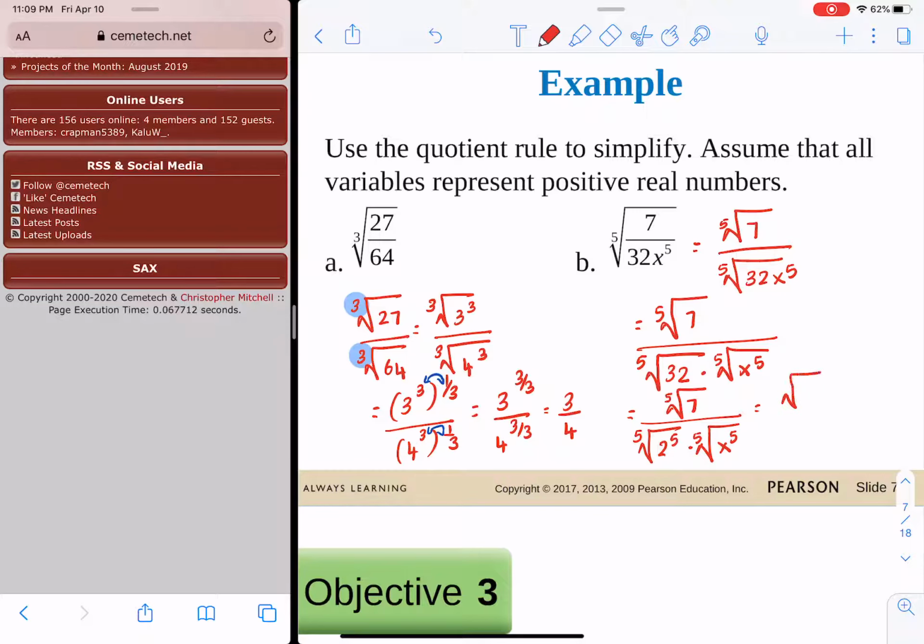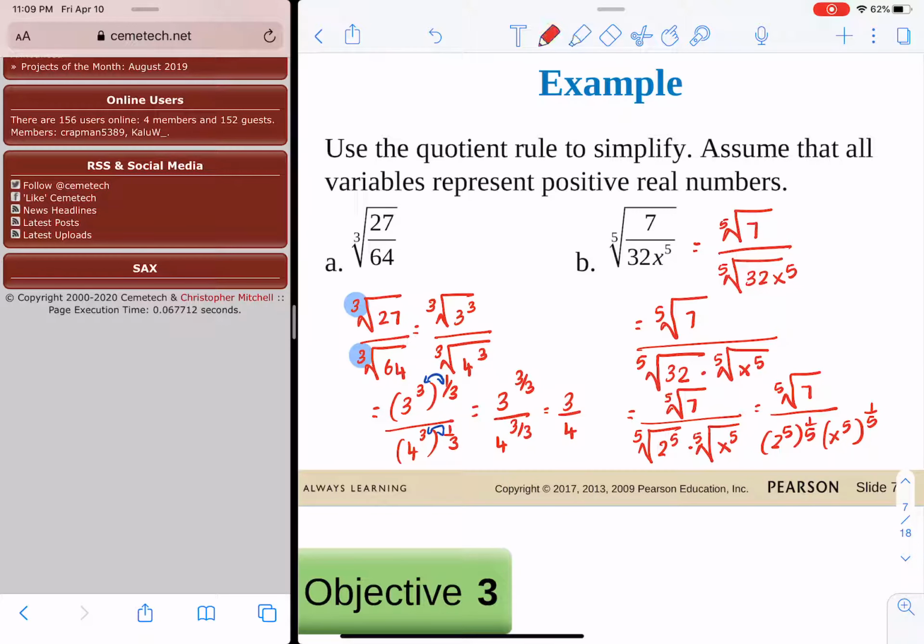So we have the fifth root of 7 divided by 2 raised 5 raised 1 over 5 times x raised 5 raised 1 over 5.